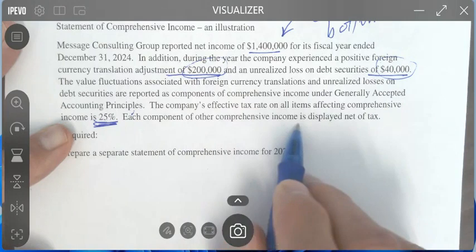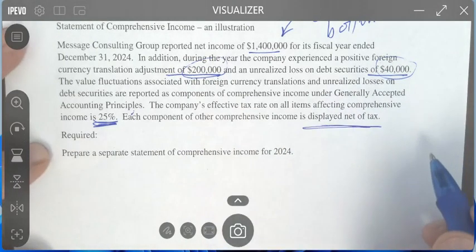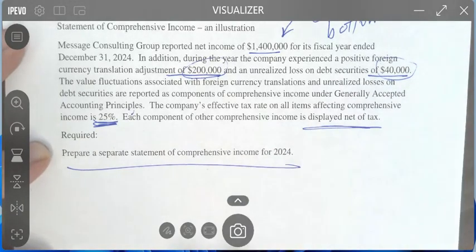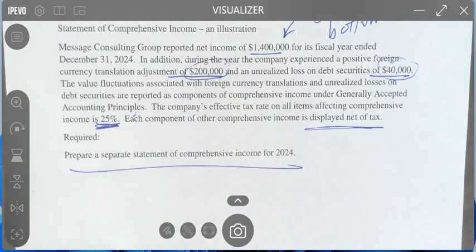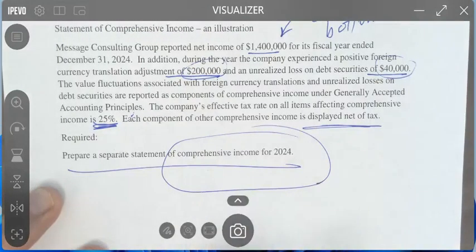The company's effective tax rate on all items affecting comprehensive income is 25%. Each component of other comprehensive income is reported and displayed net of tax. So our requirement here is to prepare a separate statement of comprehensive income for 2024. And where we'll find this is right below the income statement.